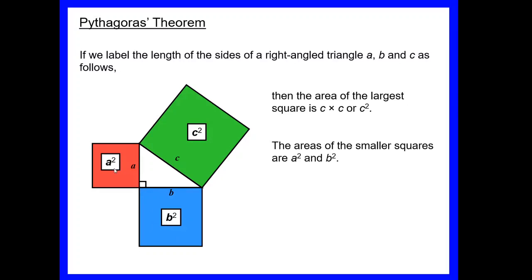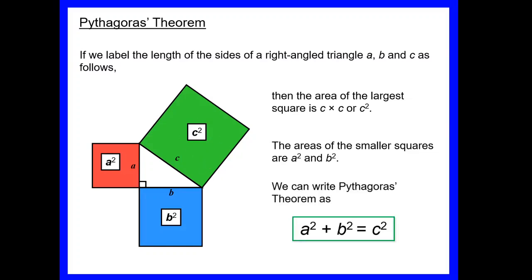And we said that if we add together the areas of the two smaller squares, then that's equal to the area of the square on the longest side. So Pythagoras' theorem is A squared plus B squared equals C squared, or you can write it the other way around, C squared equals A squared plus B squared if you like. Please make sure you make a note of that. That's the formula we're going to be using throughout these next couple of lessons.